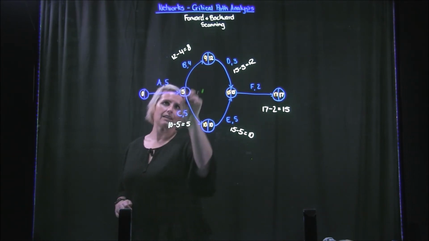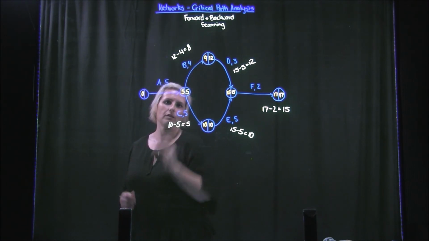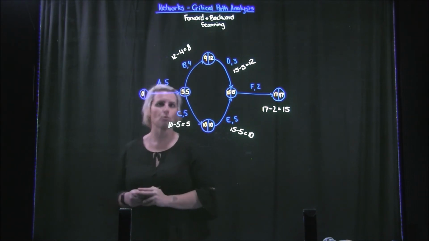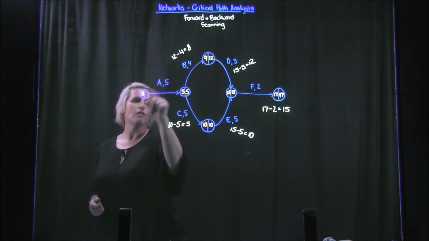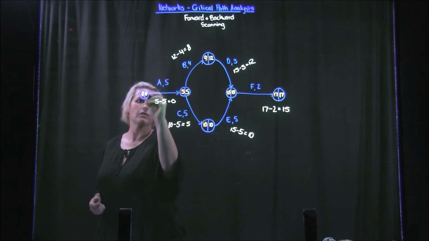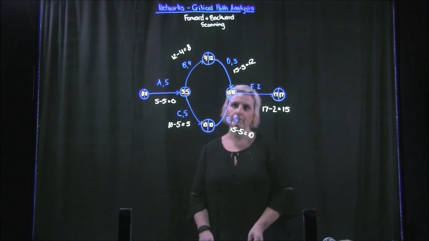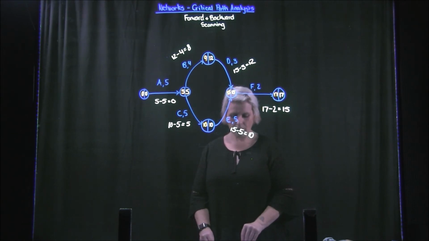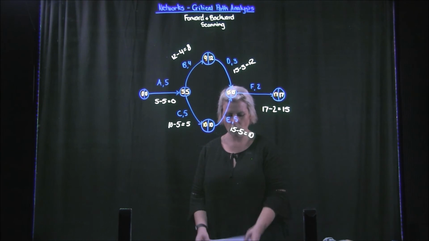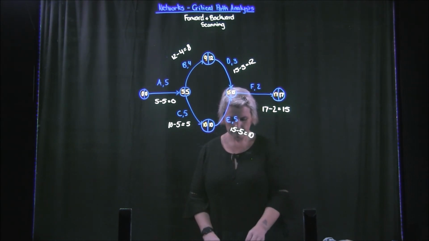So when I scan backwards, 8 and 5, I need to choose the smallest number. Biggest number when I'm forward scanning, smallest when I go backwards. And then 5 take 5 is going to give me 0. So I'm still starting at 0. That's my earliest start time. So all the way, I've actually drawn my network where I have the earliest start and latest start.